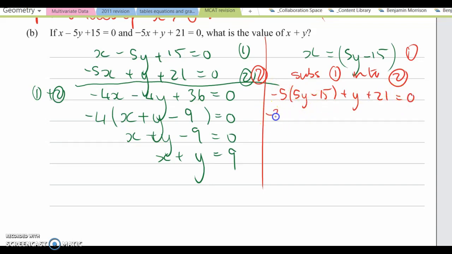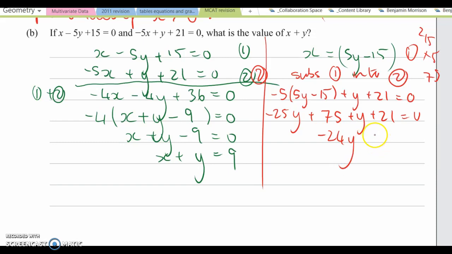So I'm going to get negative 25y plus 5 times 15. 5 5s are 25. 1 5s are 5, 6, 7. Plus y plus 21 equals 0. So that's going to be negative 24y. And 75 plus 21 is 96. But take it to this side, it'll be negative 96.